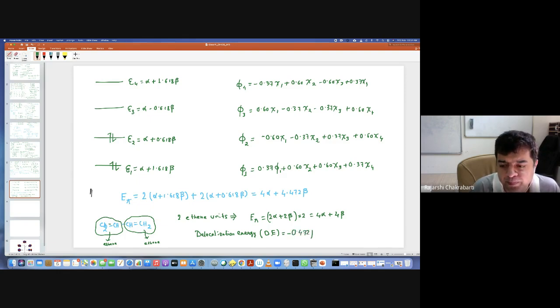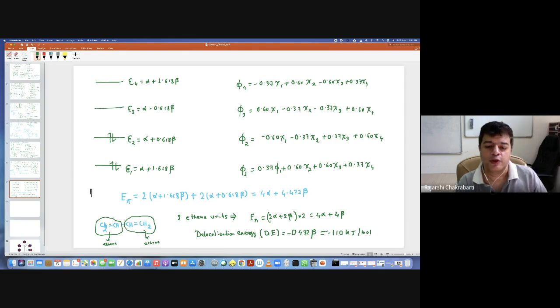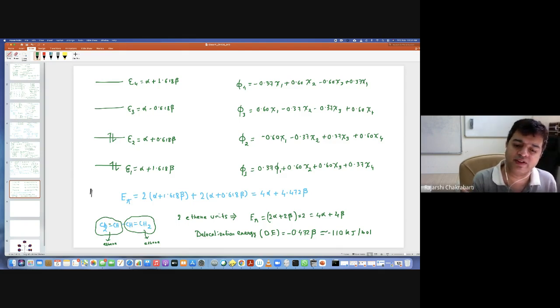And if I put the value of beta as minus 230, this is roughly equal to 110 kilojoule per mole. So this amount of energy is the gain in stability due to delocalization of pi electrons.